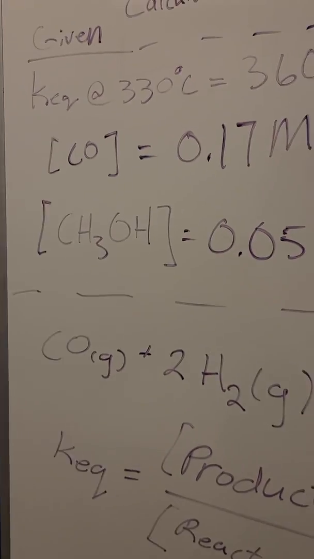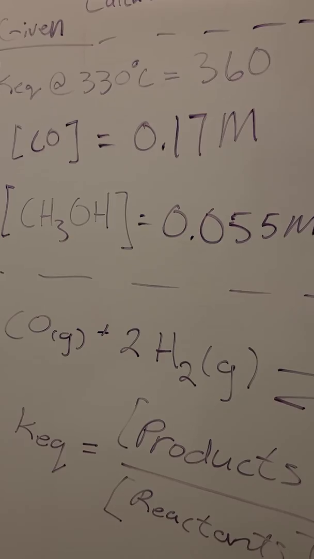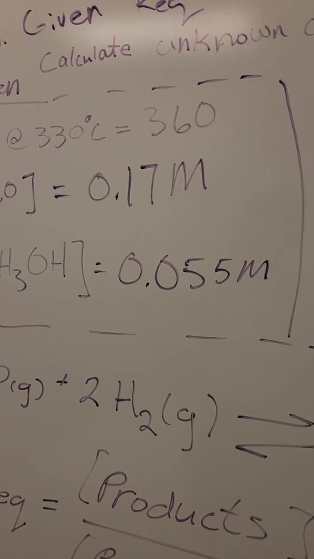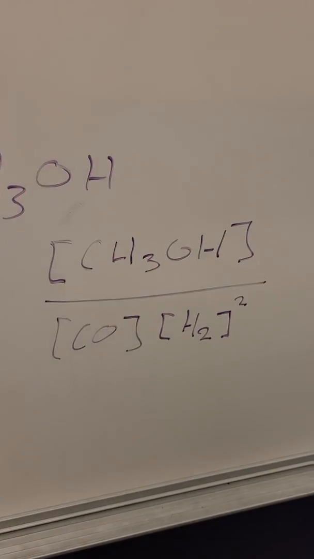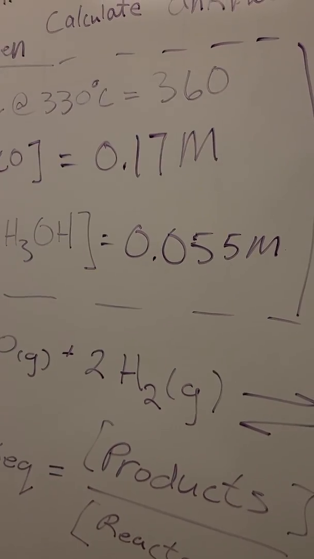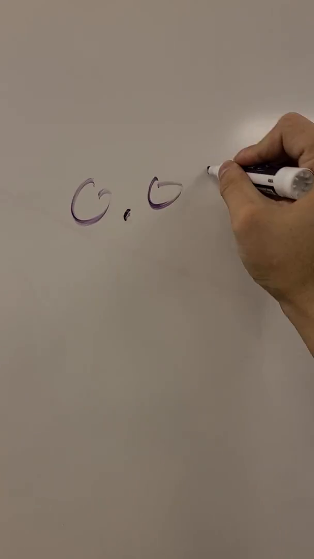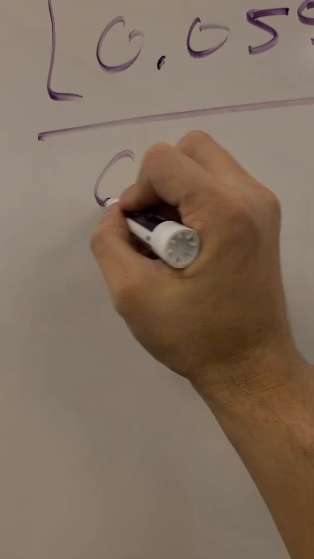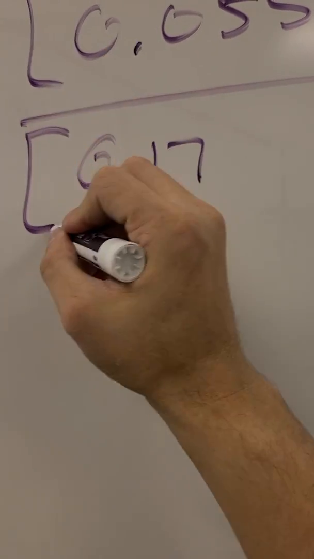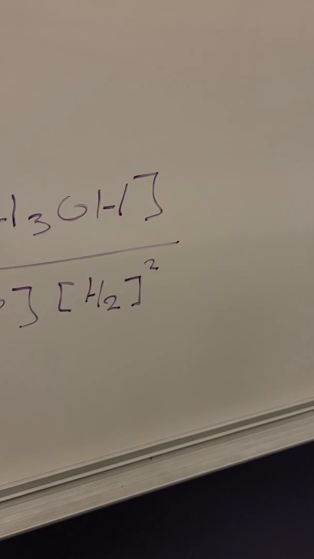Now, we are given the concentration of CO and CH3OH, as well as KEQ. So now we can rewrite this as KEQ, or 360, equals the concentration of CH3OH, which is 0.055, divided by the concentration of CO, which is 0.17, times H2 squared.